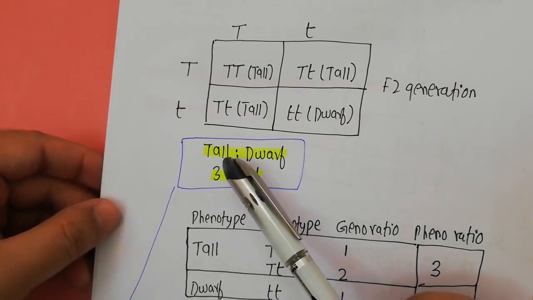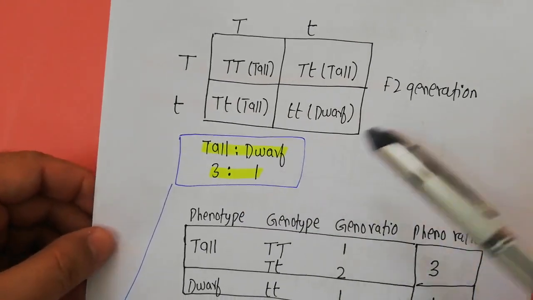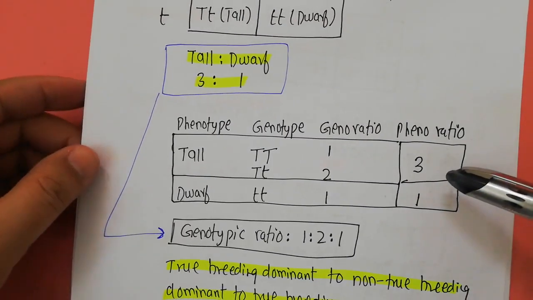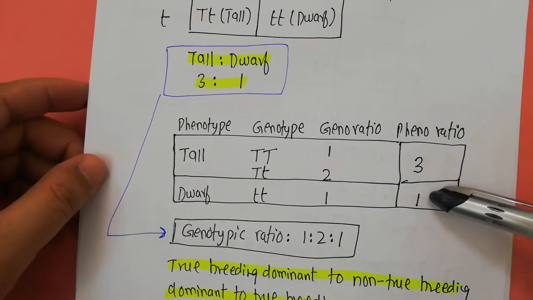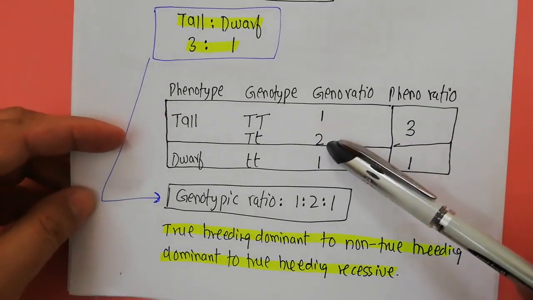That means for every 3 tall plants you get 1 dwarf plant. So the phenotypic ratio of tall to dwarf was 3:1, but the genotypic ratio was 1:2:1.